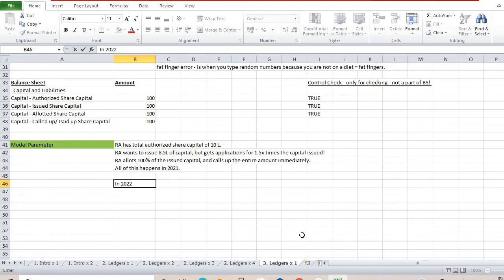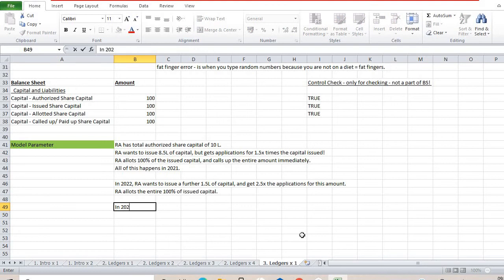In 2022, RA wants to issue a further 1.5 lakhs of capital and gets 2.5x the applications for this amount. RA allots the entire 100% of issued capital.